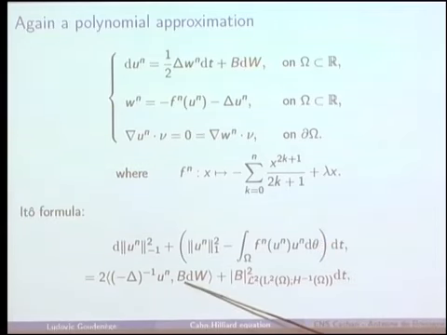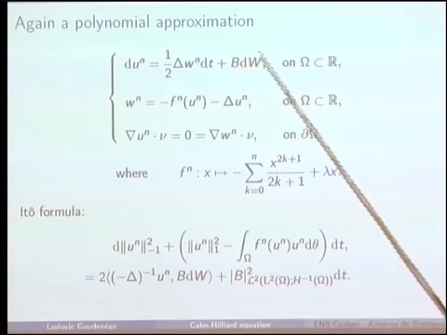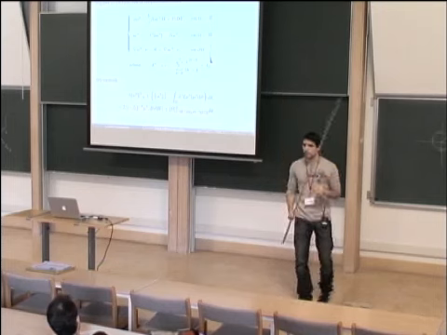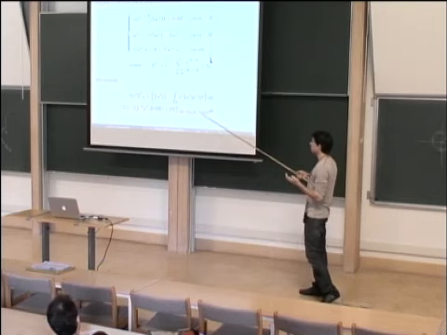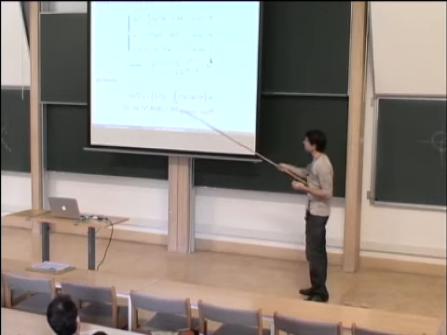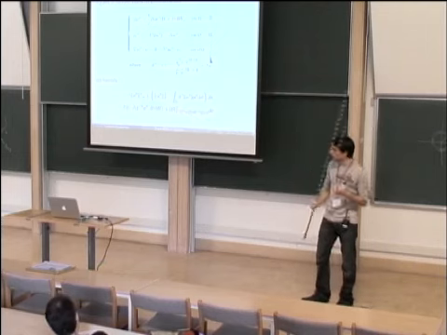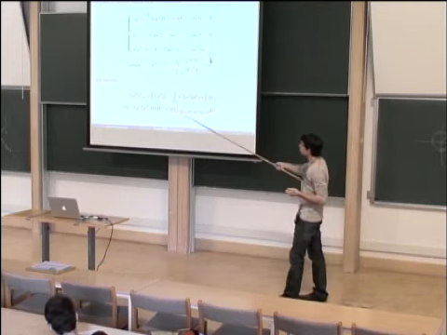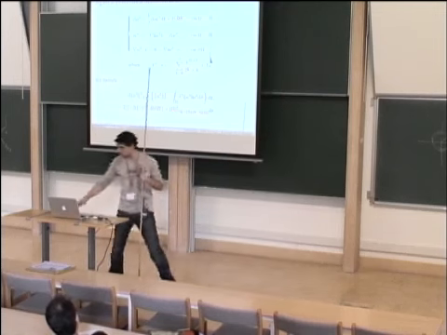You have another term due to the Wiener process, and you have some term which is the difficult part of the equation, because you have to control this term. But it's not a problem if this norm is well defined, because this term is just a constant. So if the B operator is again a good operator, it's not a problem. So we have again a solution.